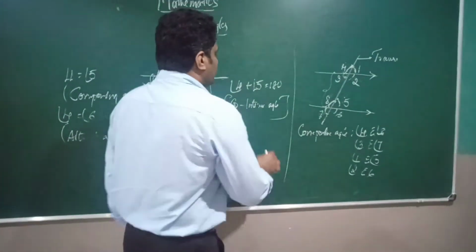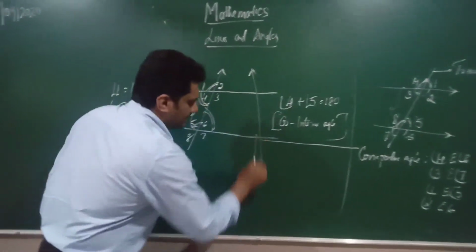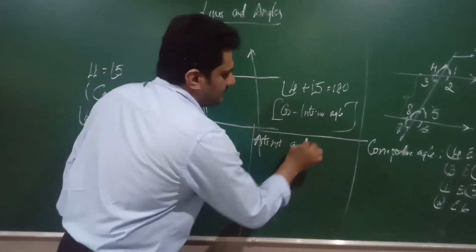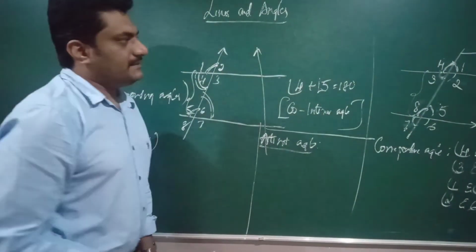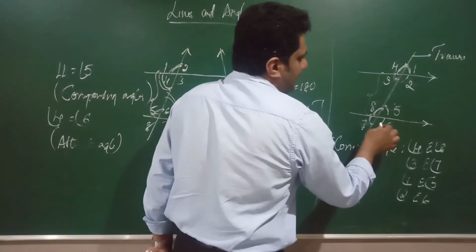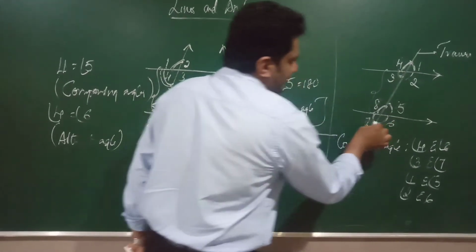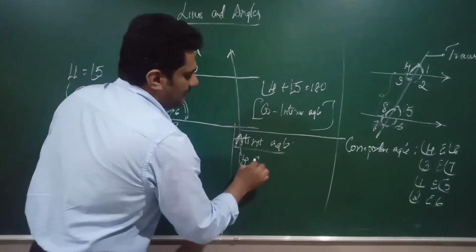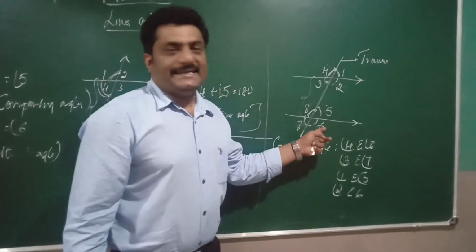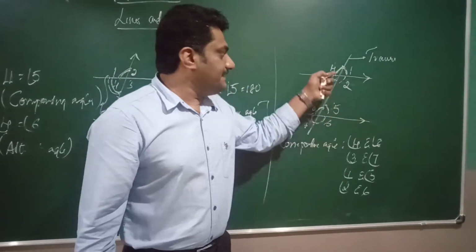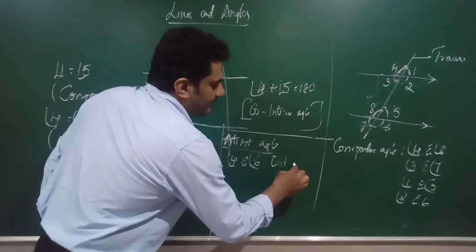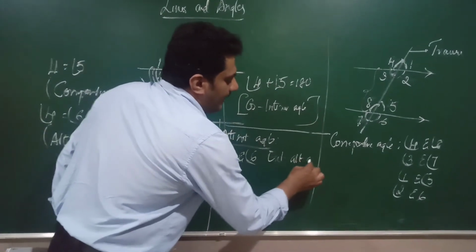Second one, they are asking for the alternate angles. Which are the alternate angles here? I can take angle 4 and angle 6. See, angle 4 and angle 6, they are outside these lines. So you can always call them exterior alternate angles.